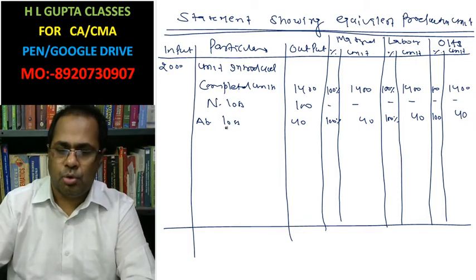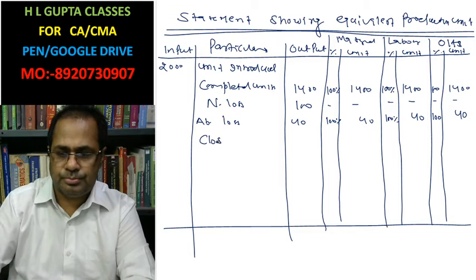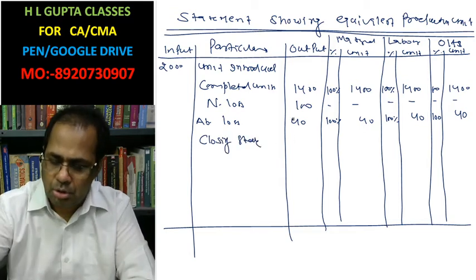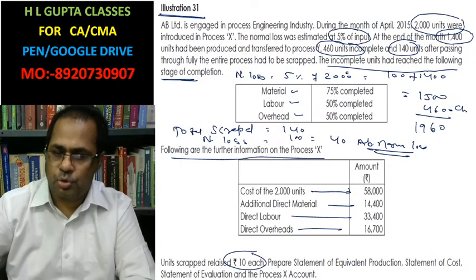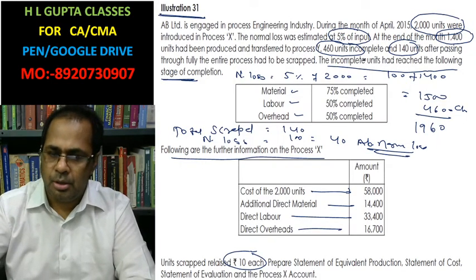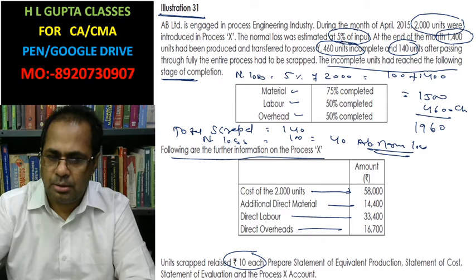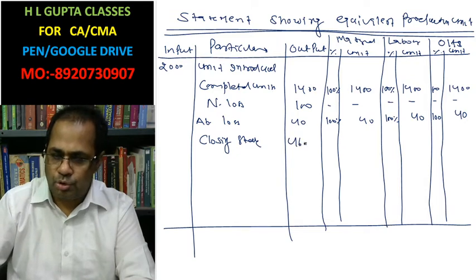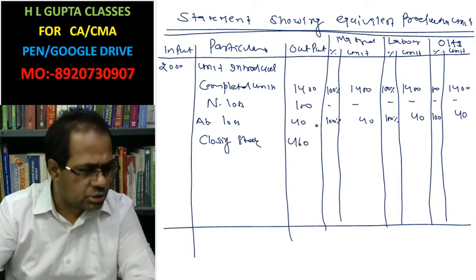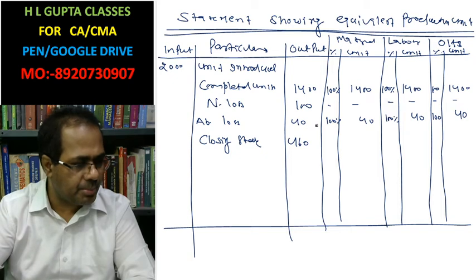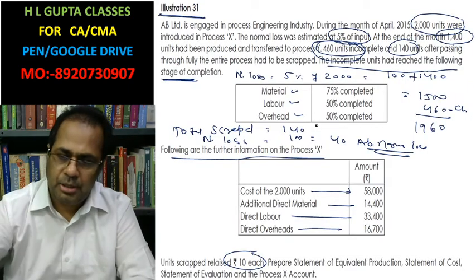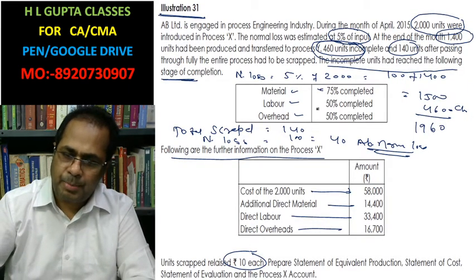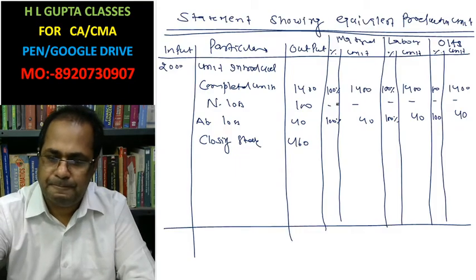Okay. Now closing stock. The closing stock here is 460, incomplete. The completion stages of the 460 are 75%, 50%, 50%.